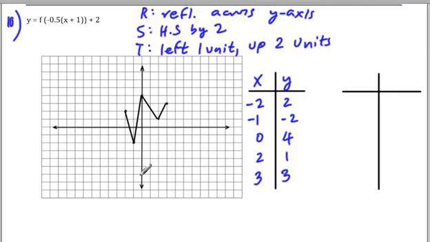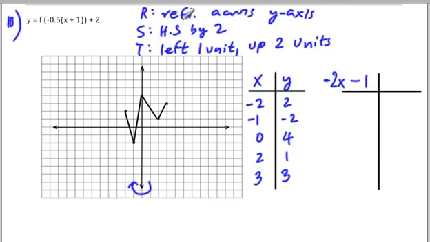So now let's translate that. We said that there was a reflection across the y-axis, which means all the x's get changed, right? So right away we know that the x's will be negative. There's a horizontal stretch by 2, and that affects the x's only. So it's going to be negative 2x, okay? And it's going to be left by 1 unit. We know that this is a horizontal translation, so it's going to be minus 1.